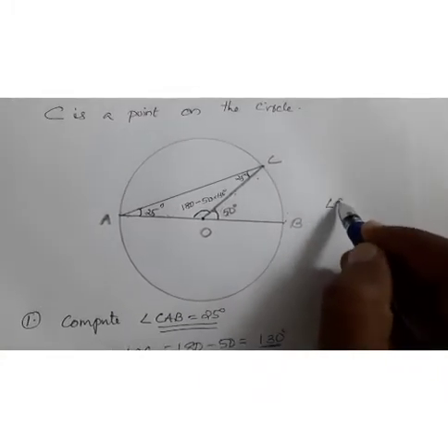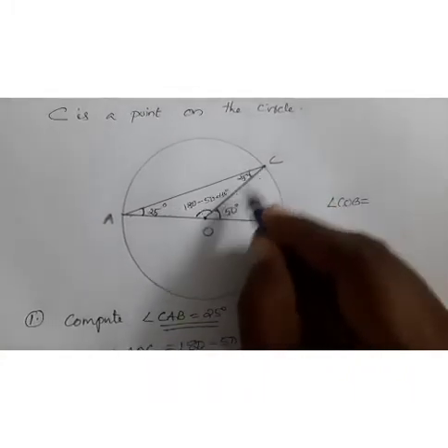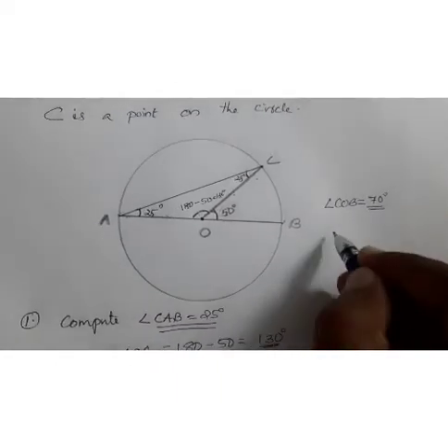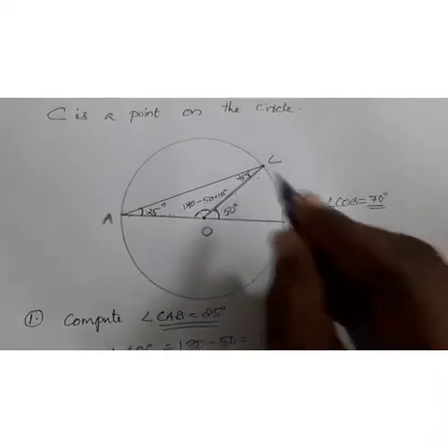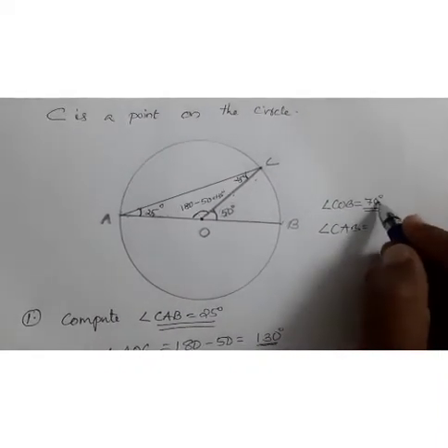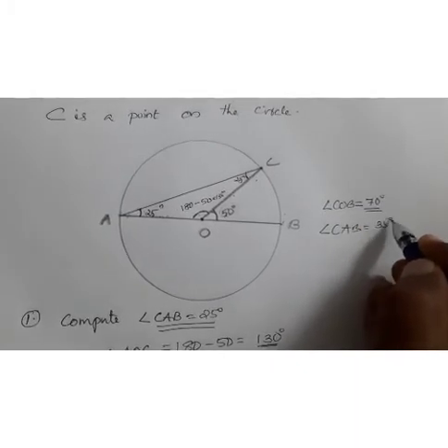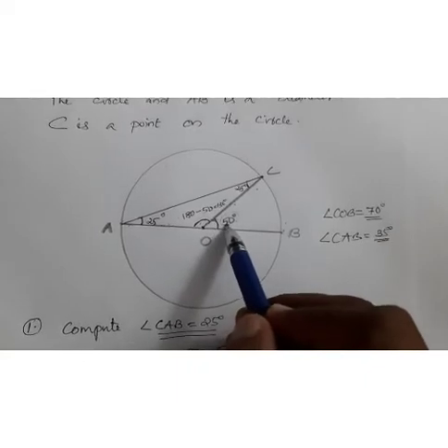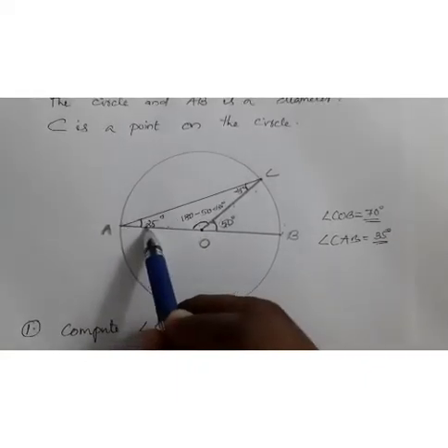I am writing angle COB as 70 degree. What about angle CAB? CAB, how much? It is half of this angle, that is 35 degree. I already told, if this angle is 50, this is 25.